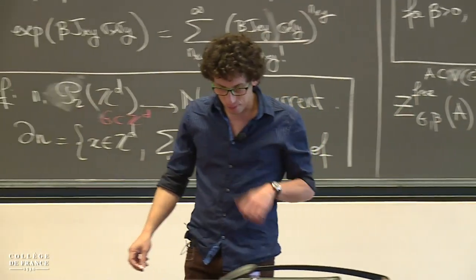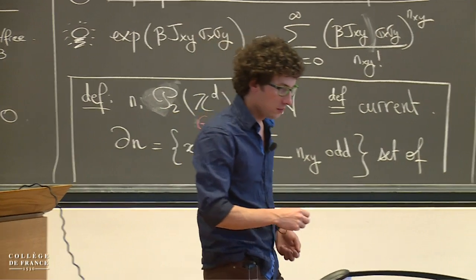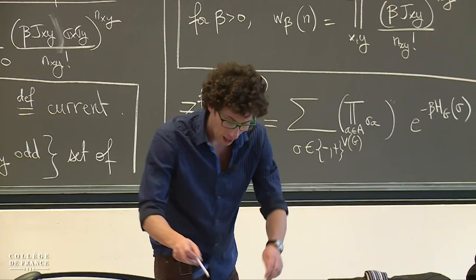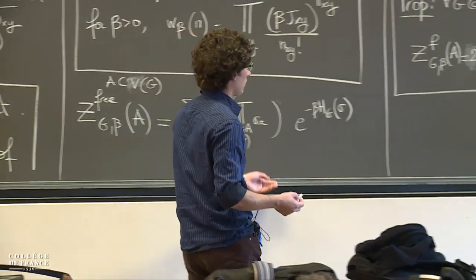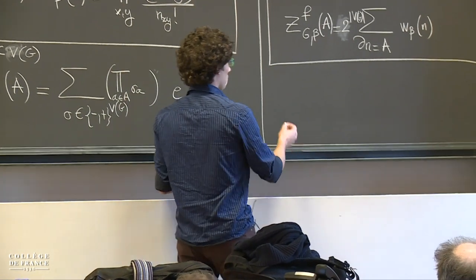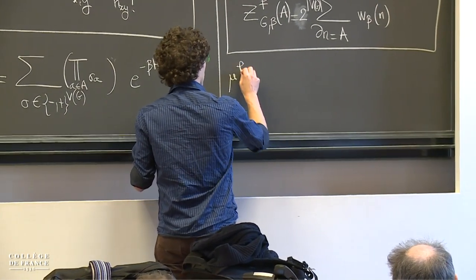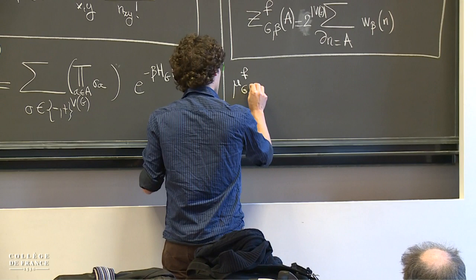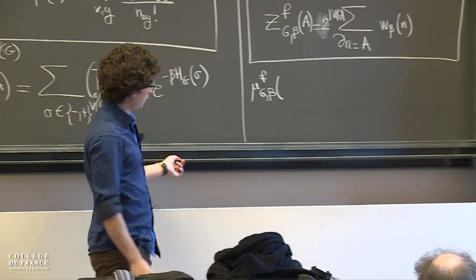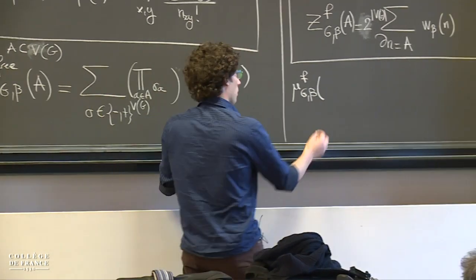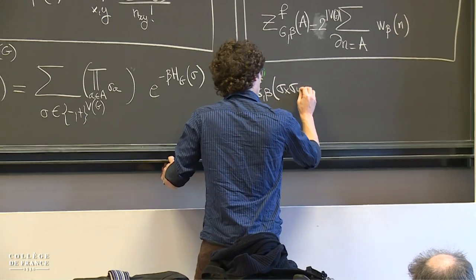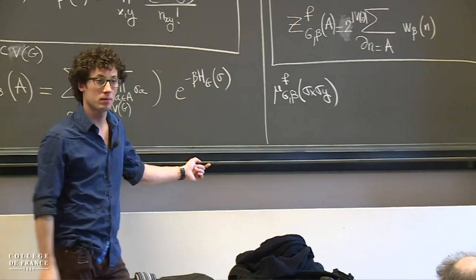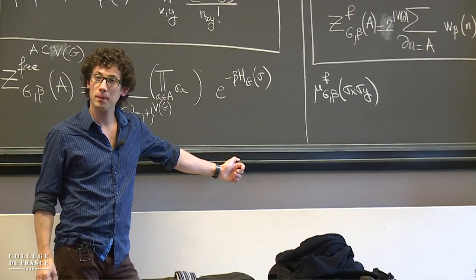So maybe before I prove that, I can already highlight something important. Imagine I want, for instance, to study, as I did with the random current representation, the spin-spin correlation. Okay?